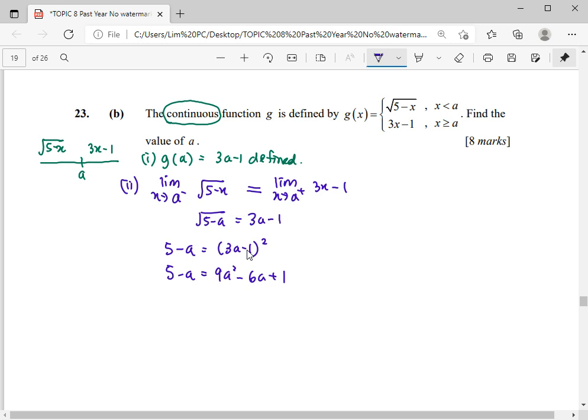Then we get a quadratic. So we arrange our quadratic here, 9a squared. Move this a to the right hand side, it will become negative 5a. And then move this 5 to the right hand side, it becomes minus 5, it will be negative 4. So equals to 0. Try to factorize.